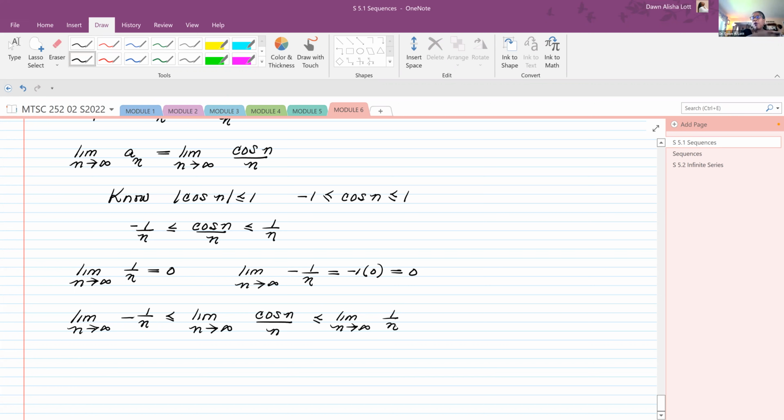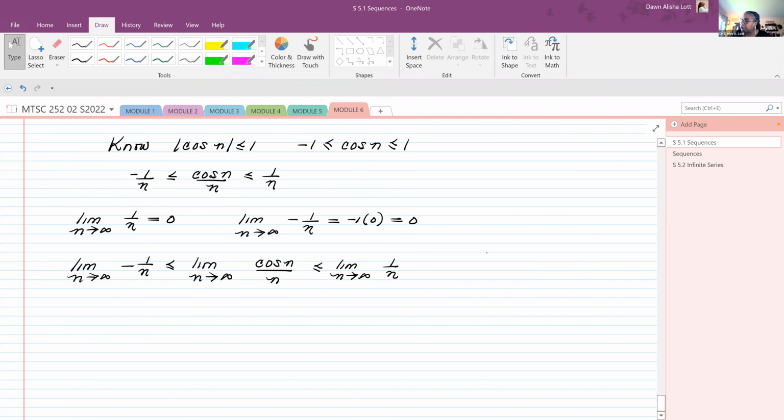Just plow through with the limit. Okay, but this limit is 0. So the limit on the left is 0, and the limit on the right is 0.